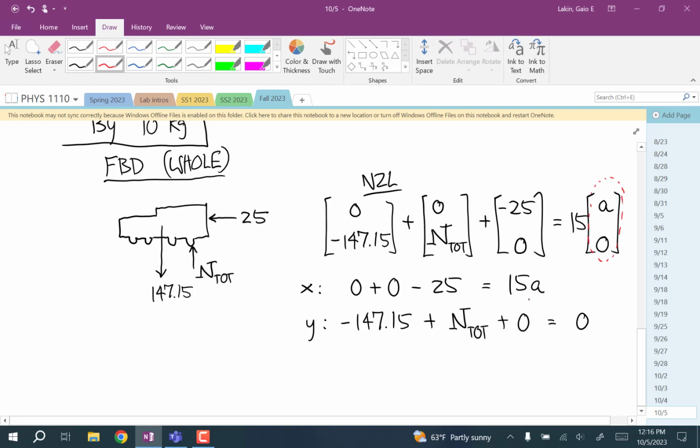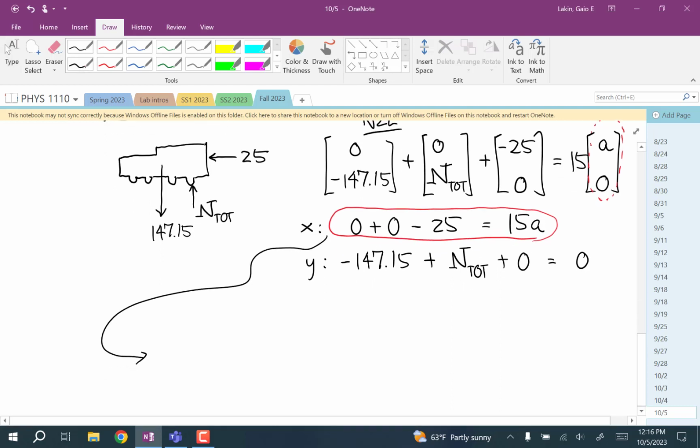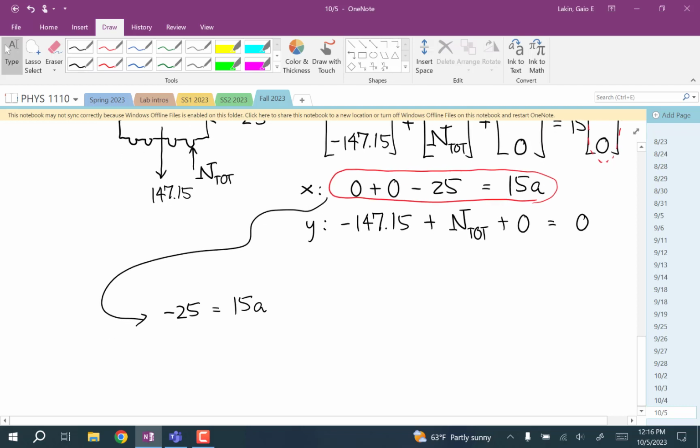So I'm going to use this x equation to find a. That equation says negative 25 is equal to 15a. And so a is equal to 1.6 repeating meters per second squared.